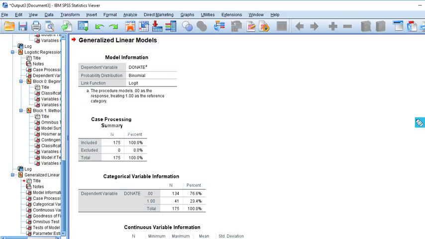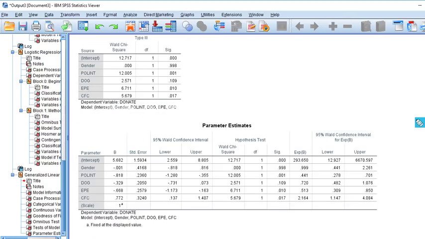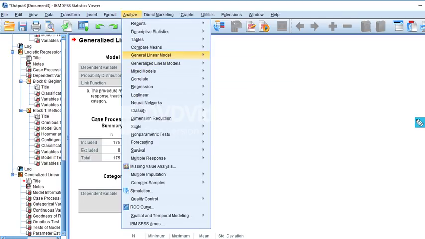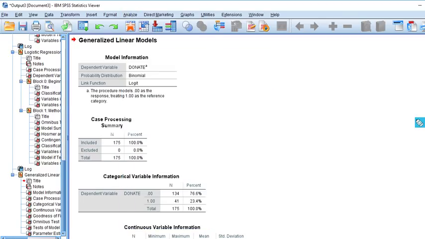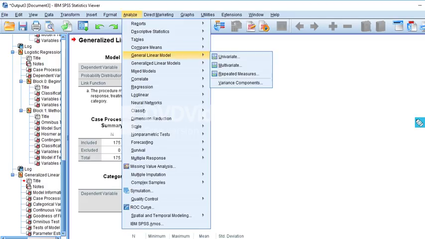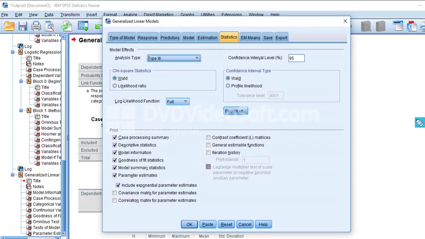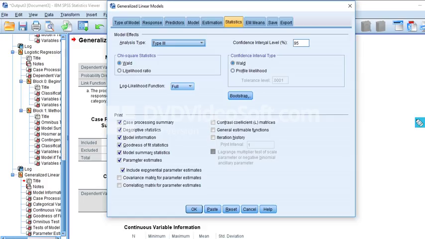So in this case, one of the aggravating things about this particular generalized linear model is that it gives you a default in terms of how it treats the reference category and the target group, which is really frustrating if you've dummy coded your dependent variable.